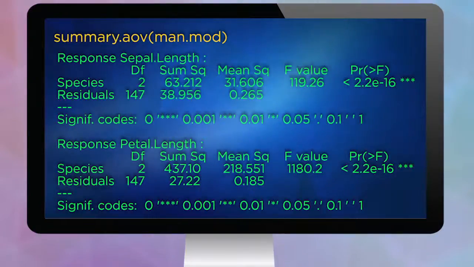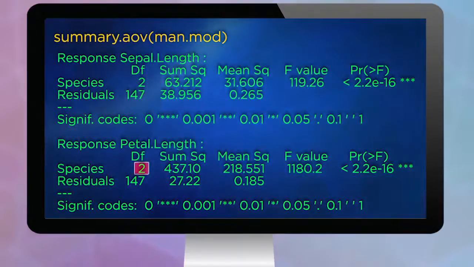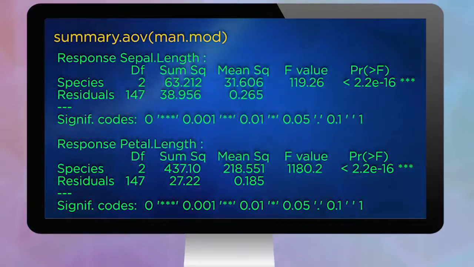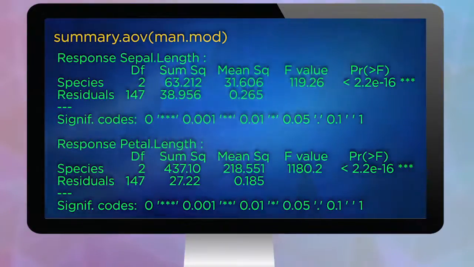But now compare it to the output that you get for petal length. Again, 2 degrees of freedom, but look how those sum of squares jump to 437.1. So what does that mean? Well, petal length actually is capturing more of the variability, right? I'm able to use petal length to better distinguish between species.